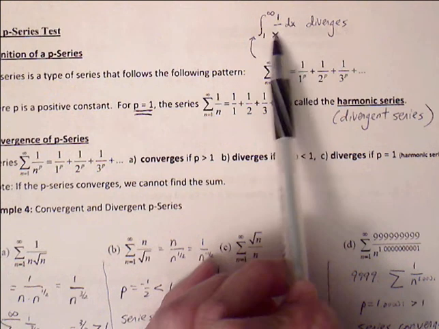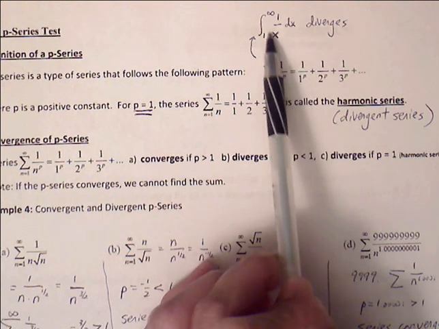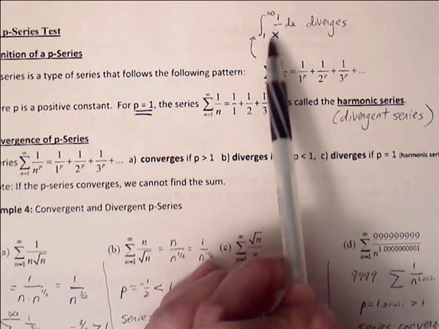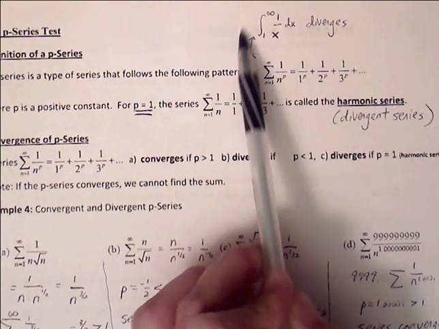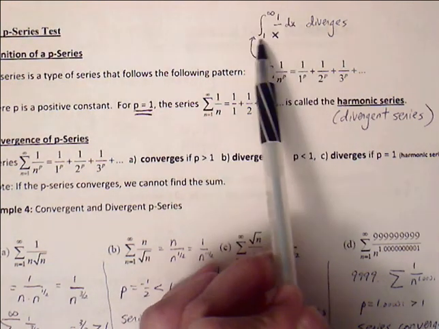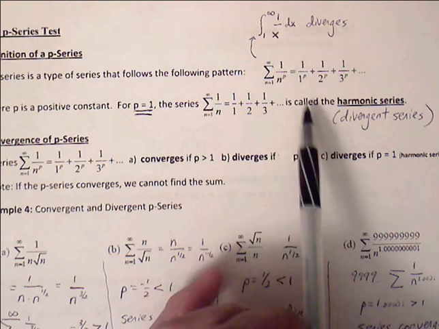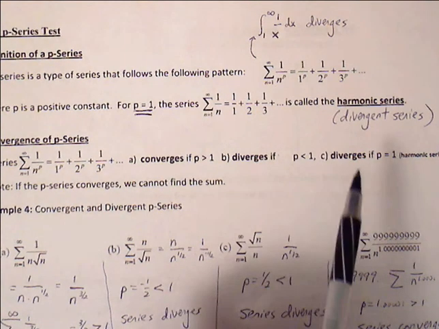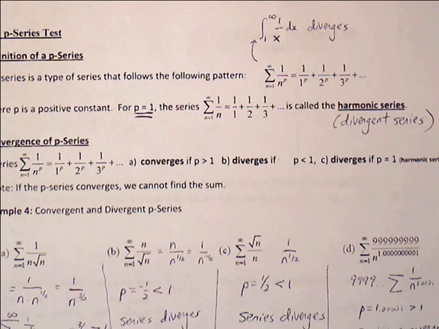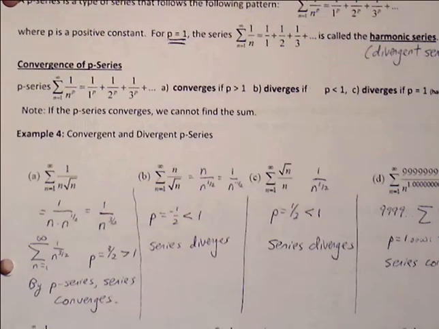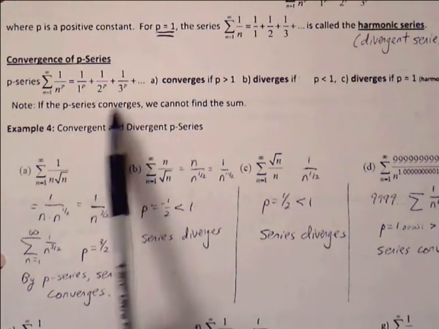We're going to see that this will diverge. This will end up being natural log of u, and if we plug in the upper and lower bounds, this will go to infinity. Because the integral of 1 over x diverges, so will this harmonic series of 1 over n to the first power.